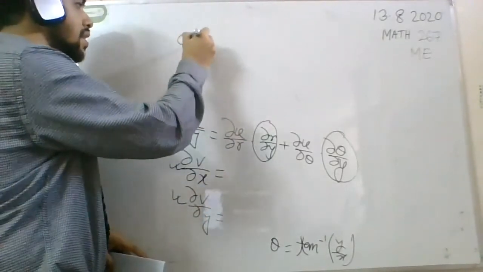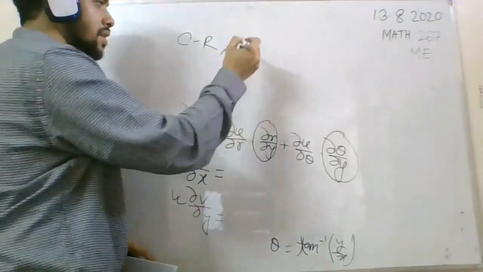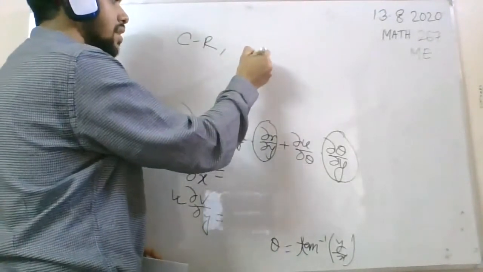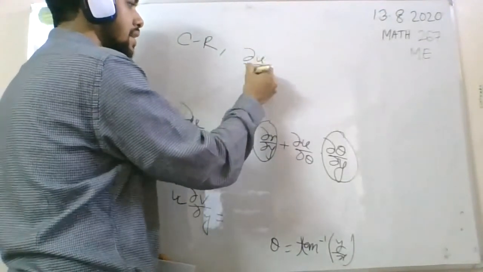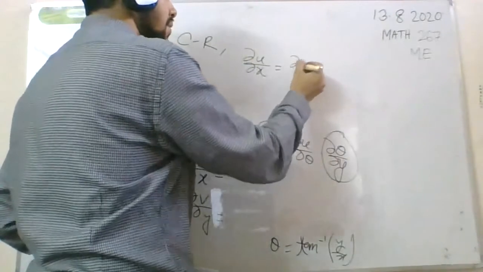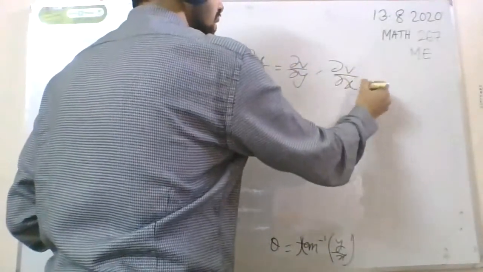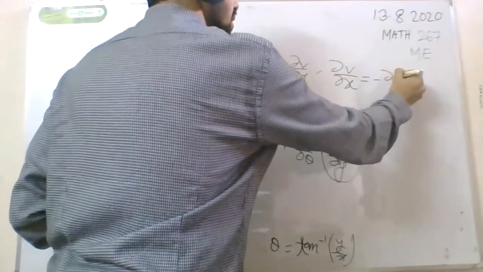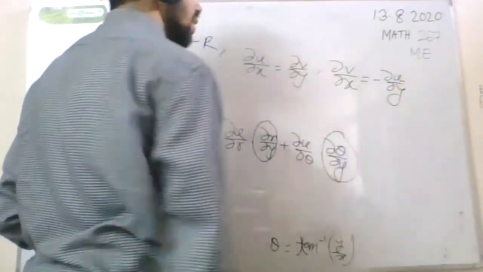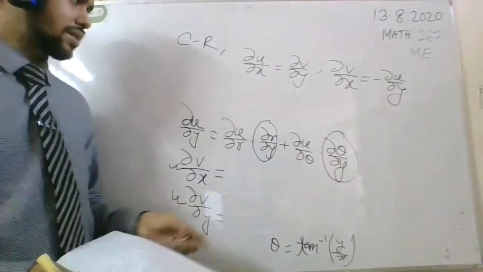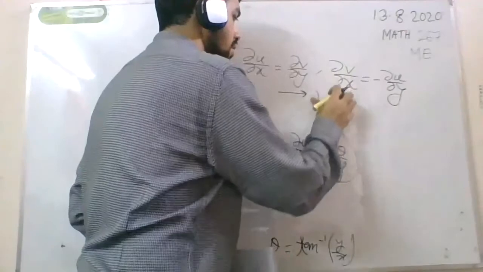Now you know the Cauchy-Riemann equation in Cartesian form, which is del u by del x equals del v by del y, and del v by del x equals minus del u by del y. Okay, so just take these two equations, 3.